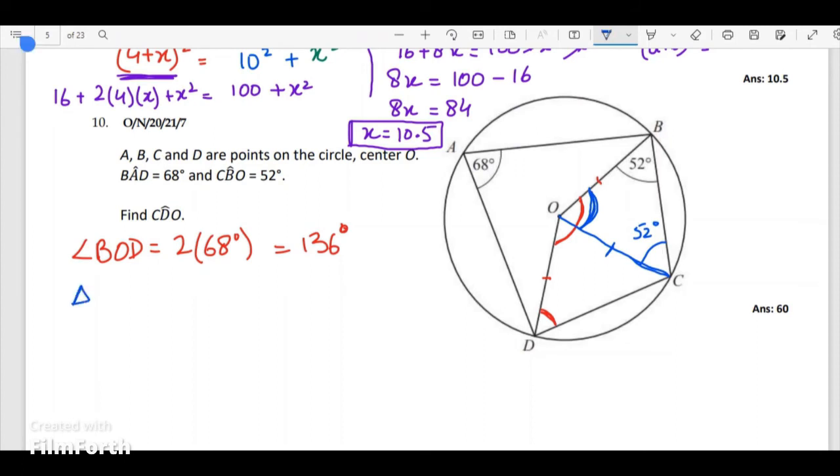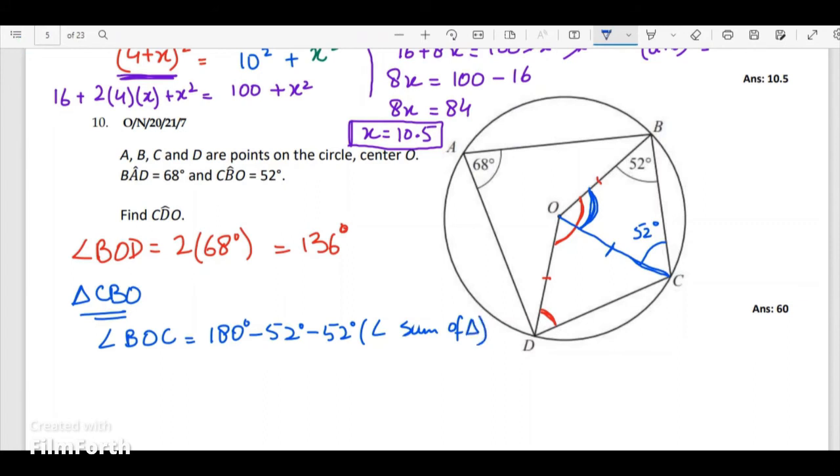So triangle CBO, angle BOC would be equal to 180 degrees minus 52 degrees minus 52 degrees. The reason being angle sum of a triangle.